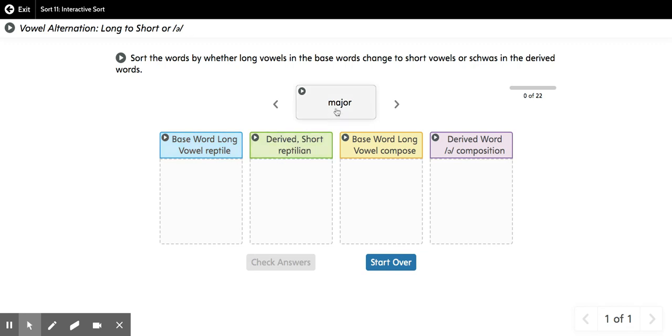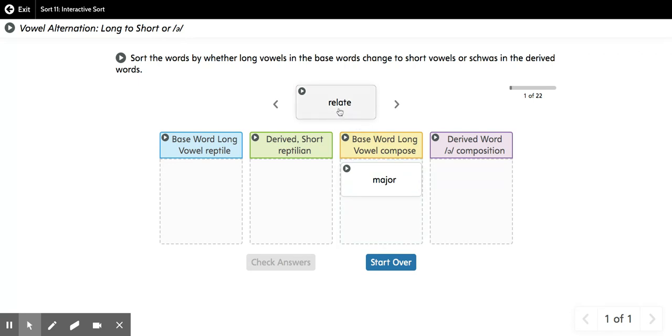Let's look at the word major. We're looking at this long O here, major, and that's going to get changed to majority. So that doesn't change from its base word to its derived word, so that base word is going to go here.